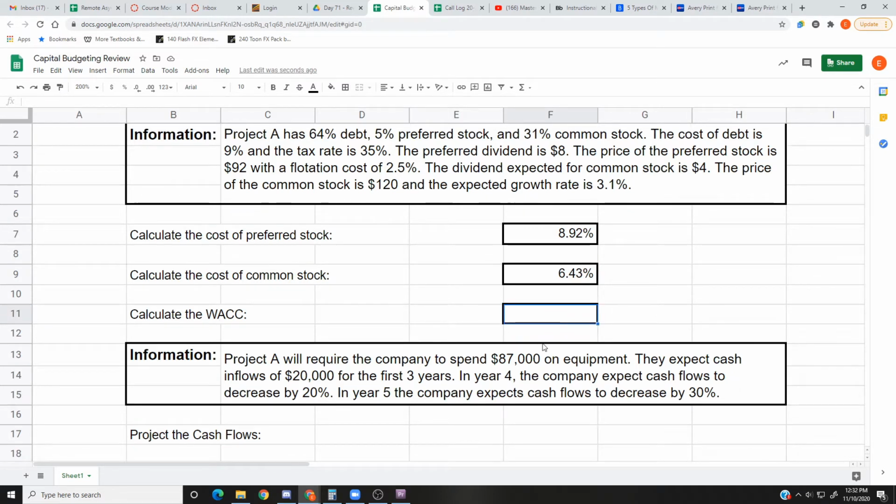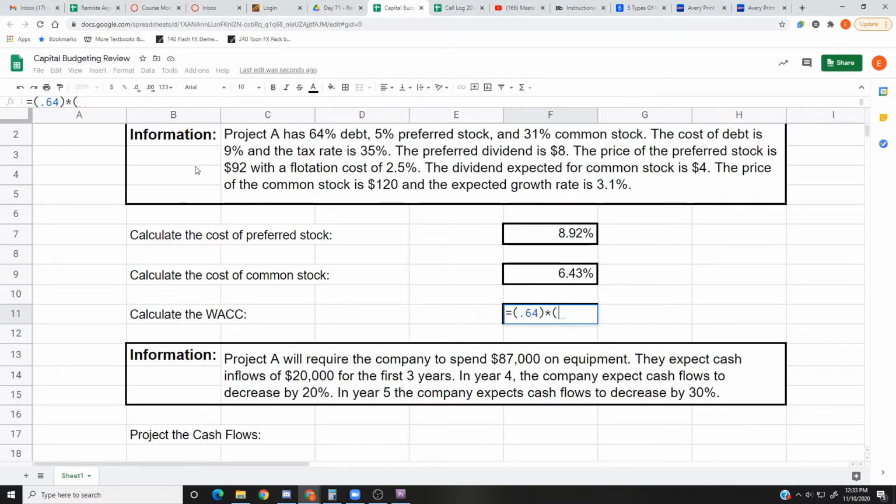Okay, now we can calculate the WACC. Well, that's a long formula, trust me. So I'm going to remind you of how this works. We're going to press equal, and then it's the weight of debt. So that would be 0.64 because it says 64% debt, times the rate of debt, so the cost of debt.